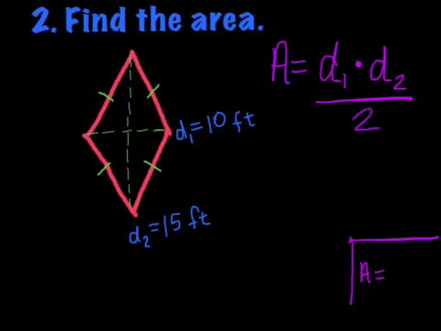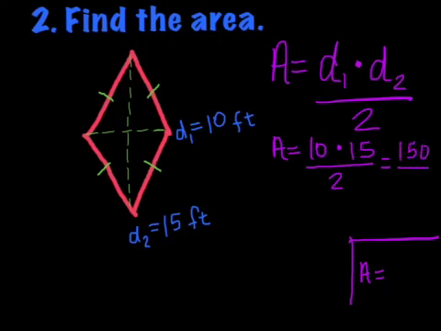Well, D1 and D2 are labeled for us already, so we just have to plug them in. So we would get A equals diagonal 1 is 10 feet, diagonal 2 is 15 feet, and we have to divide that by 2. Okay, well, 10 times 15 is 150. We just have to divide that by 2. 150 divided by 2 is 75.